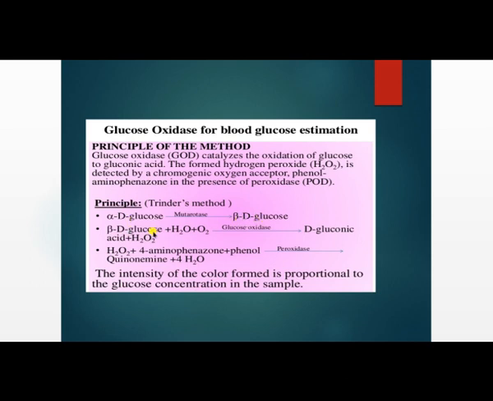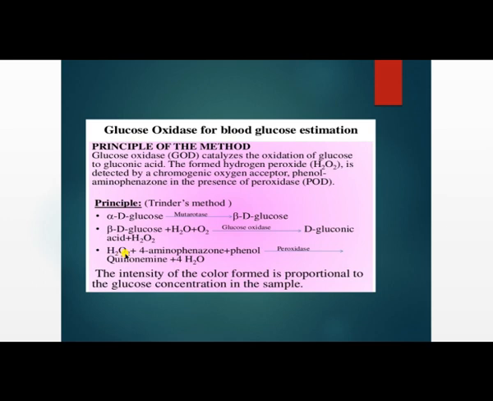After this, beta-D-glucose, in the presence of water and oxygen, and in the presence of the glucose oxidase enzyme, converts into D-gluconic acid and forms H2O2, hydrogen peroxide.